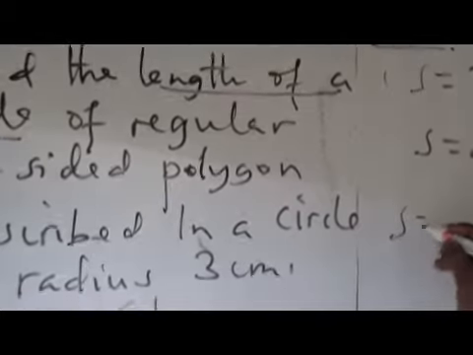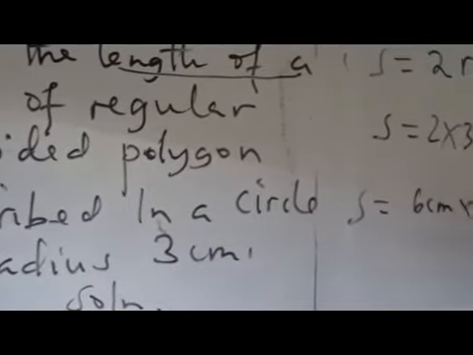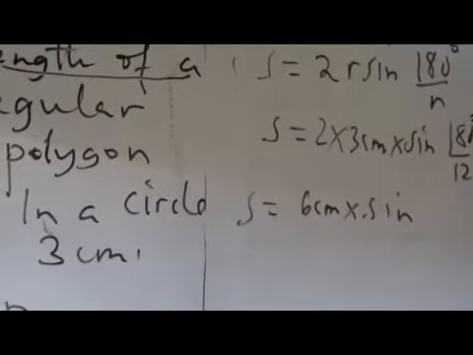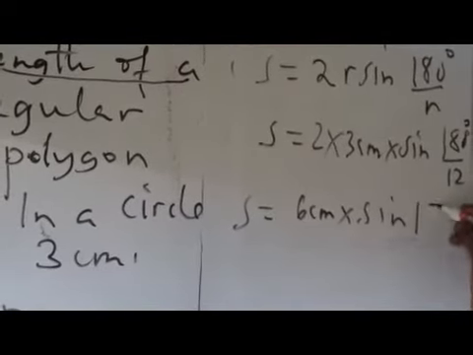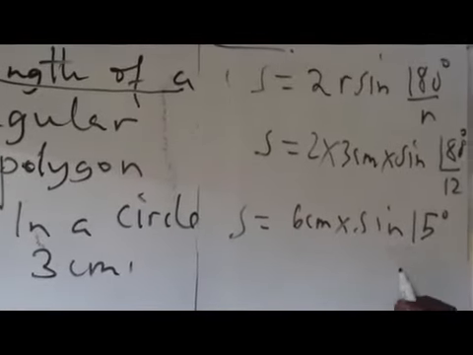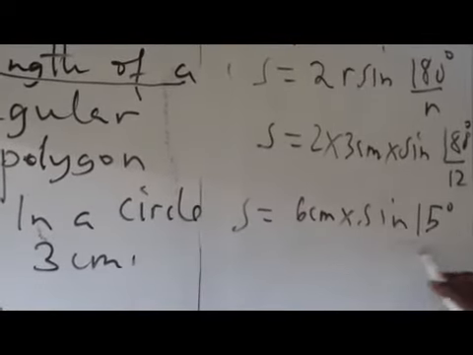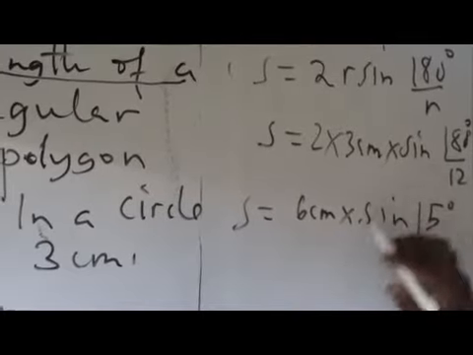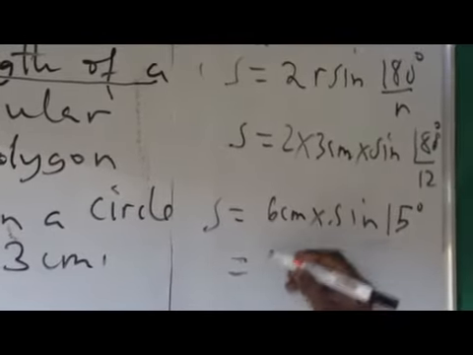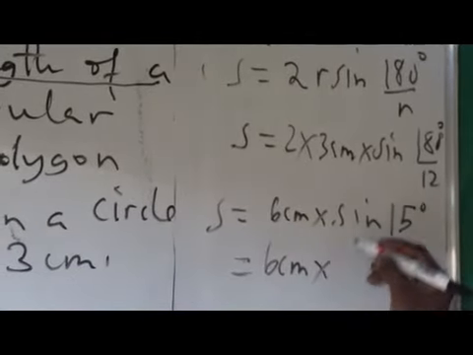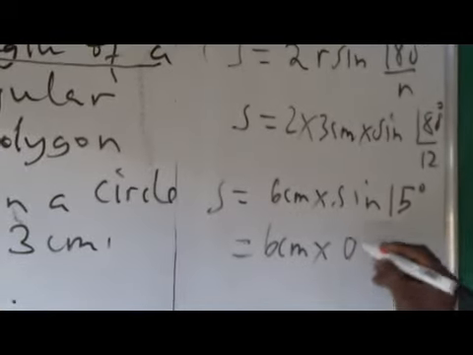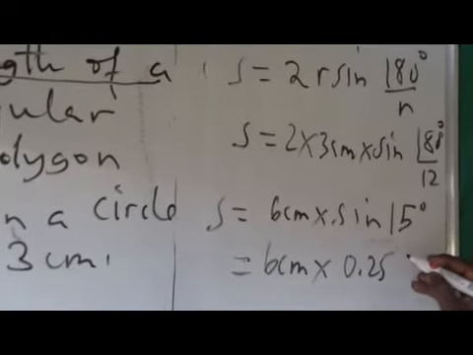So simplify this one, you'll get 6 cm times the sine of 180 degrees divided by 12, which gives 15 degrees. Use your mathematical tables to read the sine of 15 degrees, and I hope after doing that you'll get the sine of 15 degrees to be 0.2588.